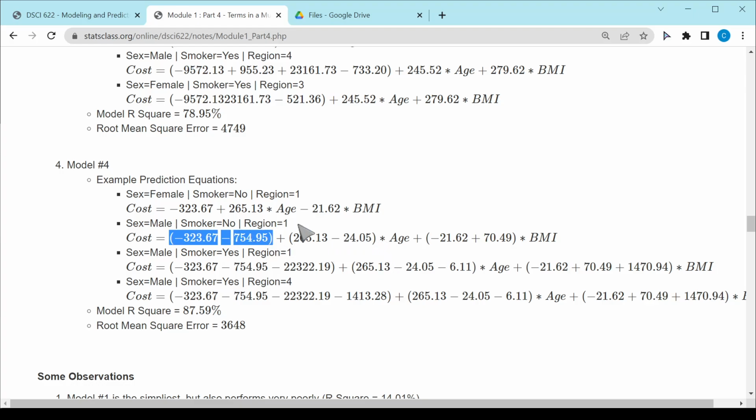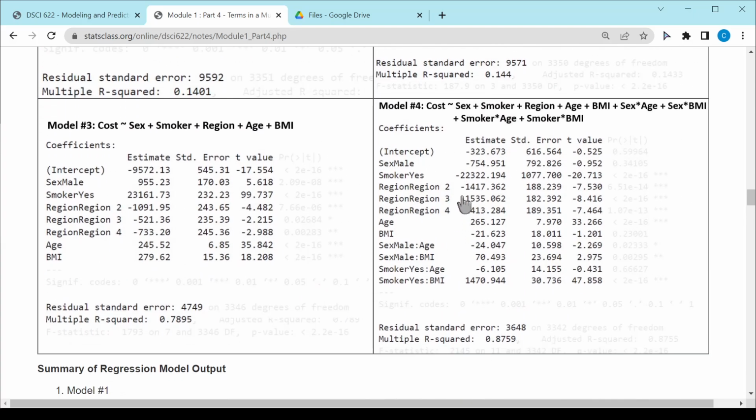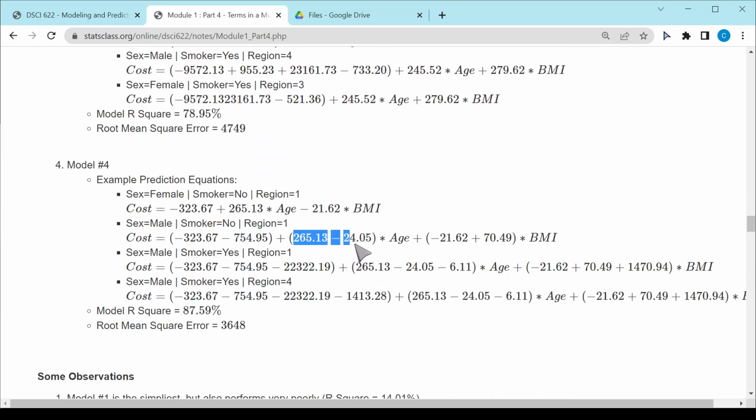I'm talking about a non-smoker, so I don't have to worry about the smoker yes term. This individual is from region 1, so I don't need any of the region variables. When I get down to the age, I'm going to need the 265, but I'm talking about a male, so I need to subtract 24 from that. That's what I'm doing here with the second term. That's going to be the effect for age.